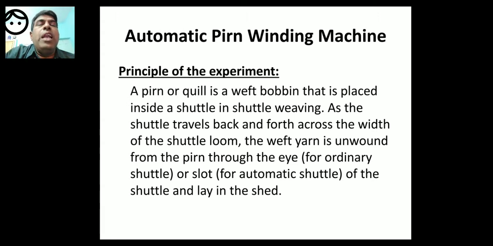So what are the shuttleless looms? Shuttleless looms are those looms where there is no shuttle. Suppose that there is no shuttle, then there is no pirn at all. So pirn winding is eliminated in case of shuttleless weaving.